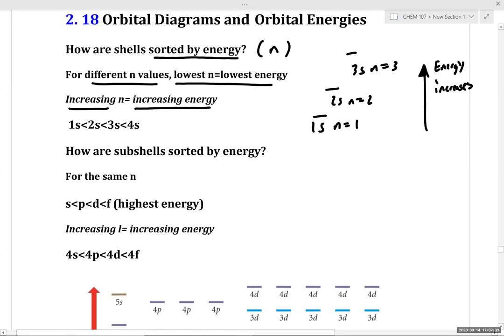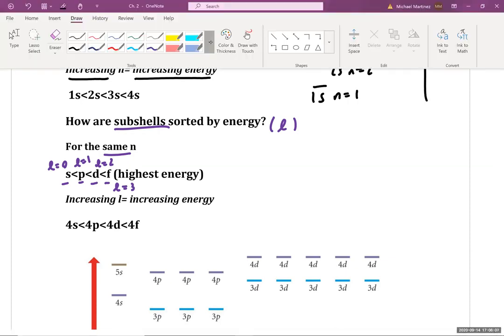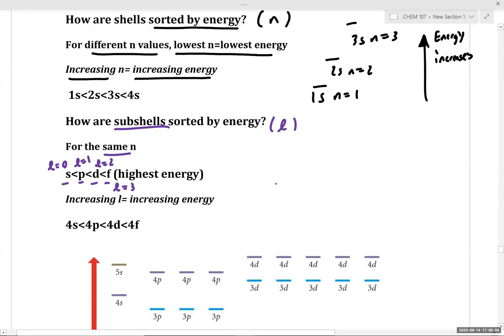Well, thinking about subshells, which are regions of a row in the periodic table, which are denoted by an L value, for the same n value, s orbitals, which is L equals 0, are lower in energy than p orbitals, which is L equals 1, which is lower in energy than the d orbitals, which is L equals 2, which is lower in energy than the f orbitals, which is L equals 3. So for the same n value, as L increases, our orbital energy increases.